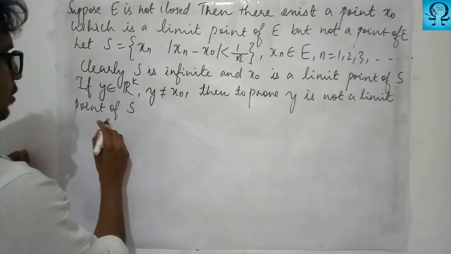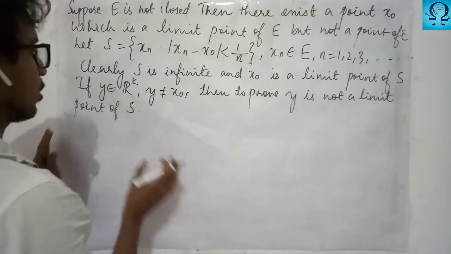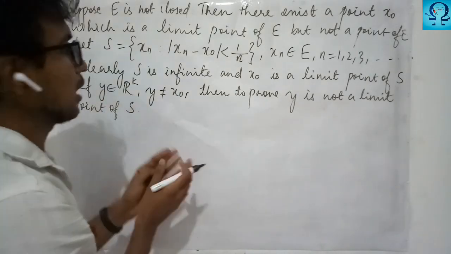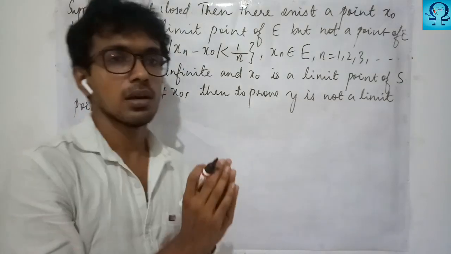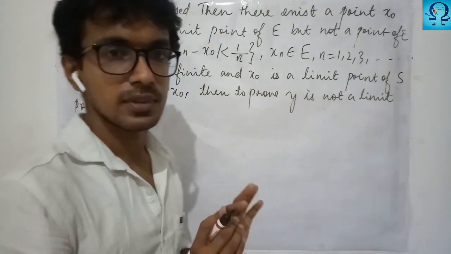In order to prove it is not a limit point, I have to say that in some neighborhood of this point y, I don't have any point of this set, right?